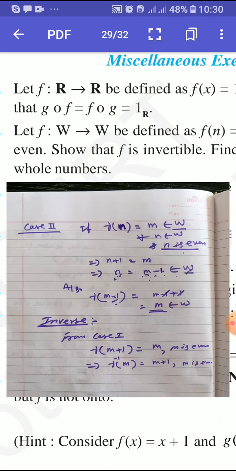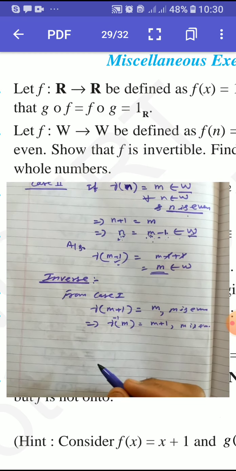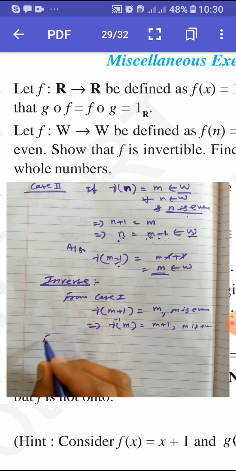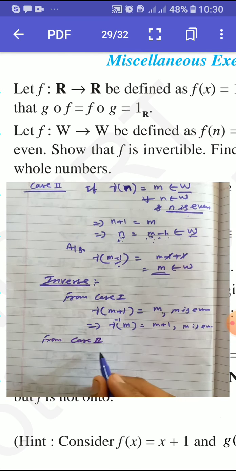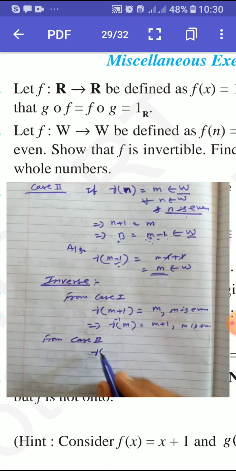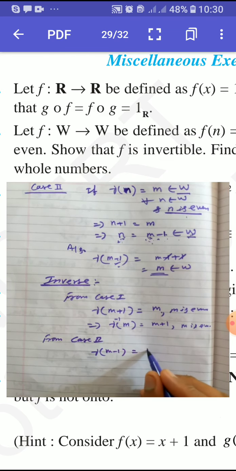From case second, f of m minus 1 equal to m, right?